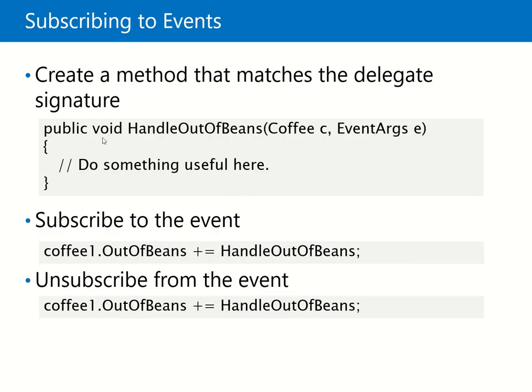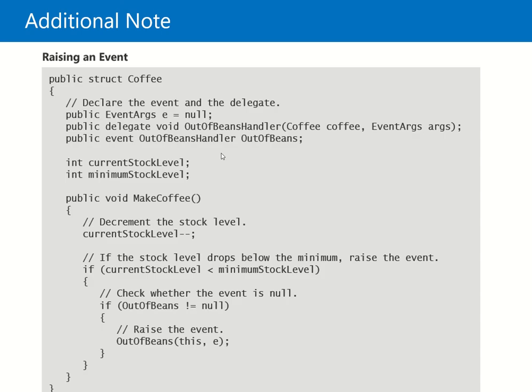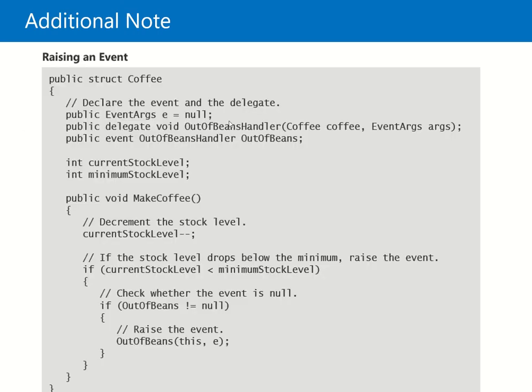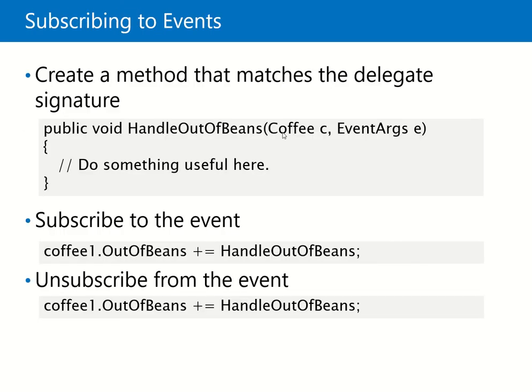Now this is the real thing, because a delegate is the reference to a method, and this is the method itself. This method is going to subscribe to this reference of the method. Now let's create the event handler, called HandleOutOfBeans.